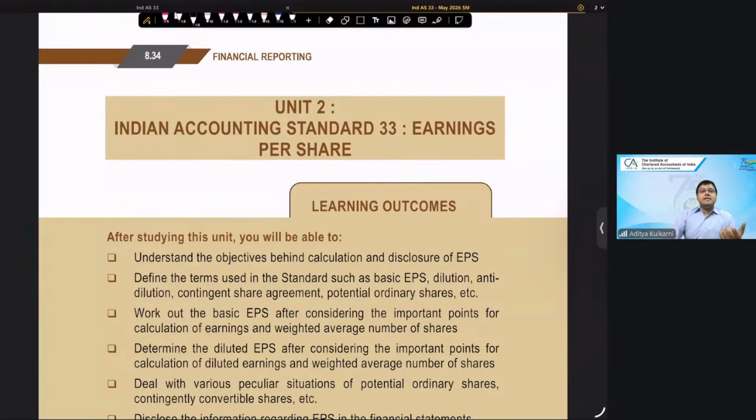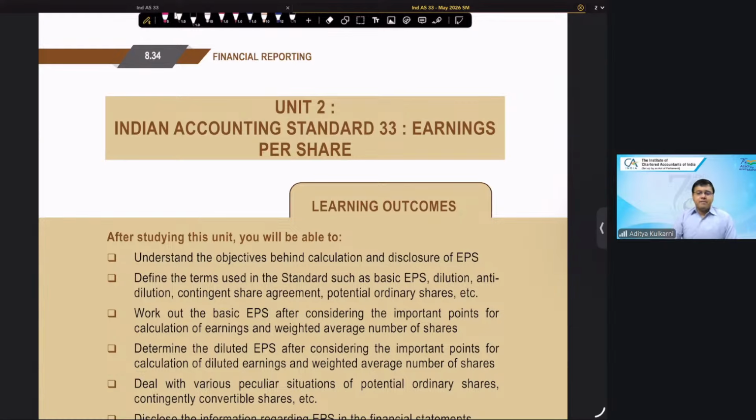Why do I take time as the weighing factor? Because the standard seeks to address the fact that there may be a case where funds may not be received for the entire year. You may make a fresh issue in the middle of the year, or towards the end of the year. So to bring about fairness in the availability of funds with the entity, the number of equity shares is weighted on a time basis.